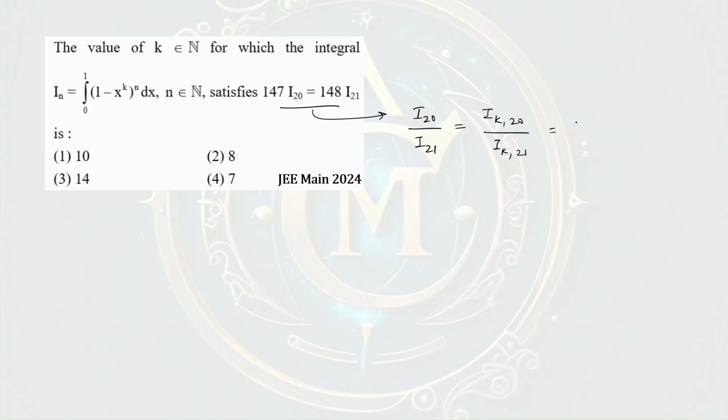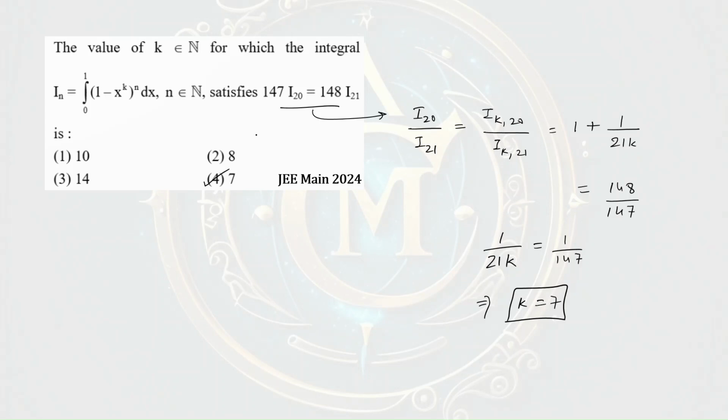So this we can tell easily is 1 plus 1 by 21k. This is equal to, as given in the question, 148 divided by 147. So from here you can calculate that 21k is equal to 147. That means k will be equal to 7. So option 4 is the correct option. You can see how fast we solve such type of questions.